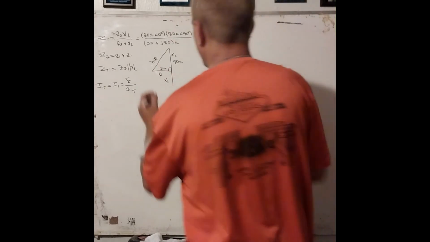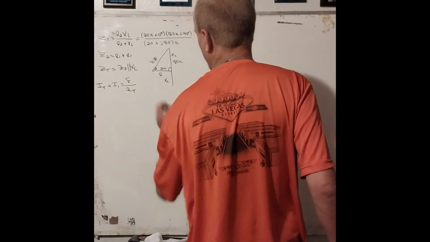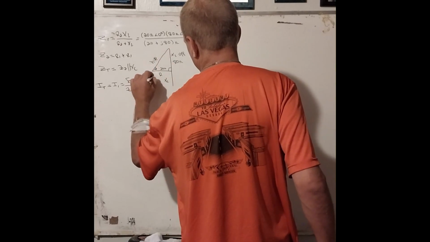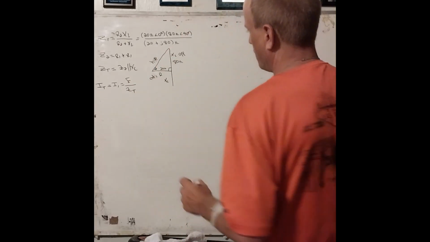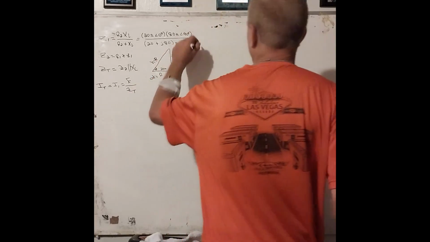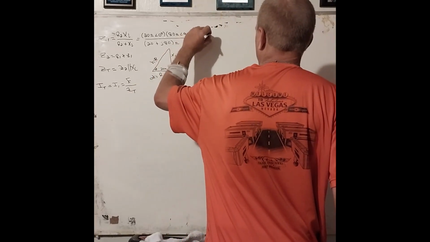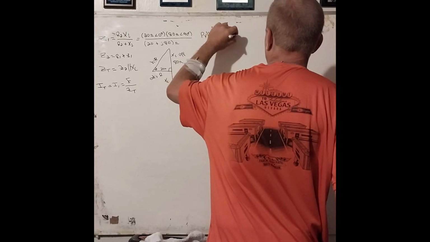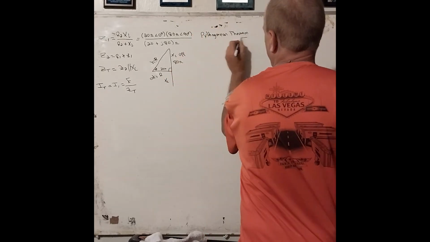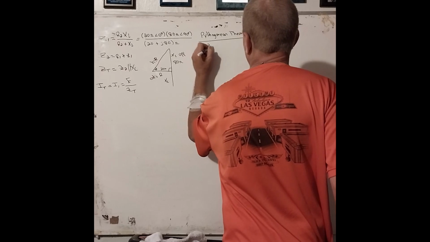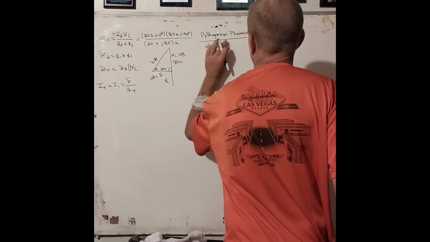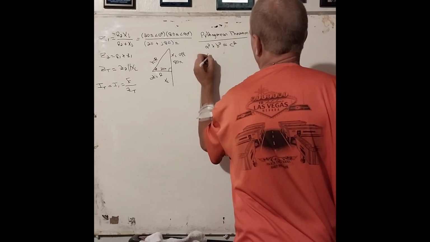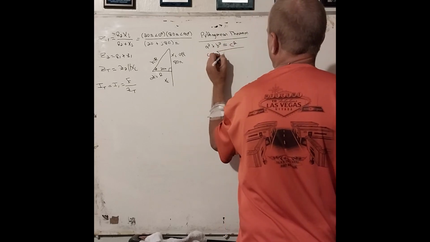If this is the angle we're associated with, then this would be the opposite side and this would be the adjacent side. But we're looking for the hypotenuse, and we use the Pythagorean theorem. This theorem is a squared plus b squared is equal to c squared. And to find c, we take the square root of both sides.